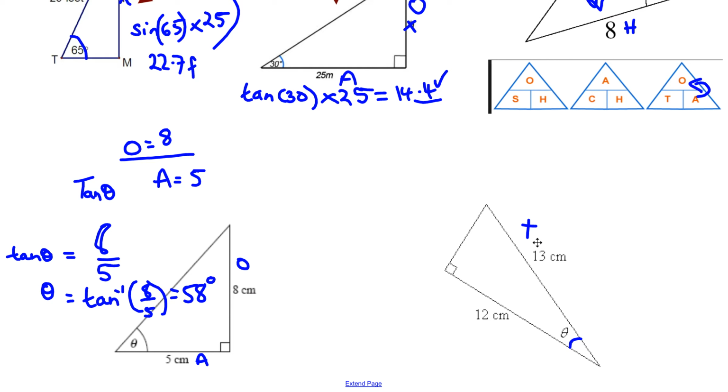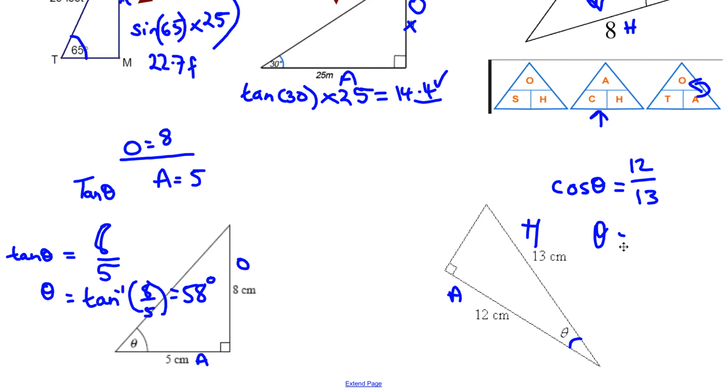So this is the hypotenuse, this is the adjacent, and so we are sticking to cos. We're looking at cos here. So let's just look at the positions of where these are in the formula. So cos theta is equal to 12 over 13.